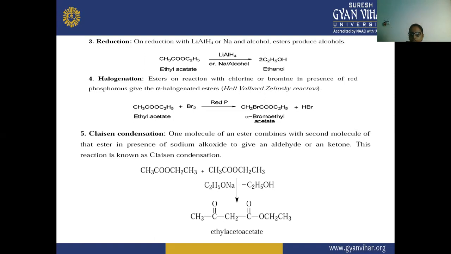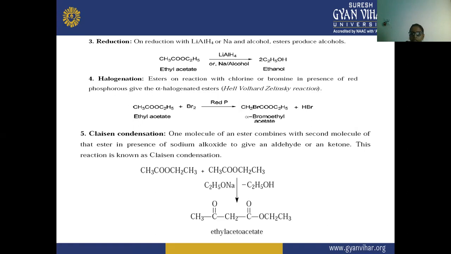So in the Claisen condensation, we have taken two molecules of esters, where one molecule of ester will combine with the second molecule of the ester in the presence of sodium alkoxide. So sodium alkoxide is C2H5ONa, and here it is giving an ester or your ketone or your aldehyde. So the reaction is known as your Claisen condensation.